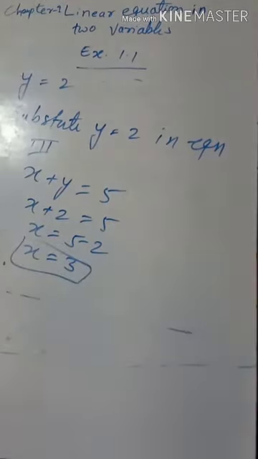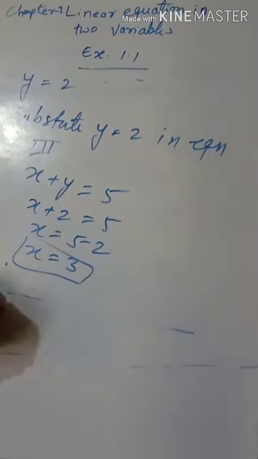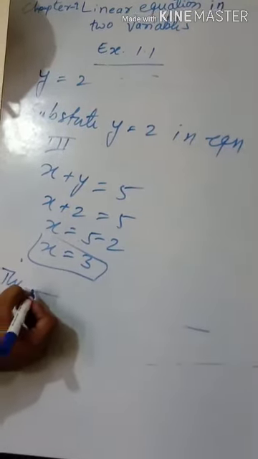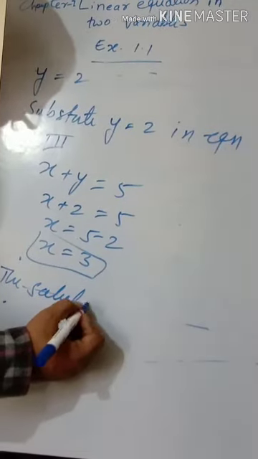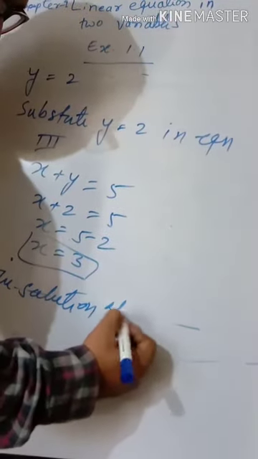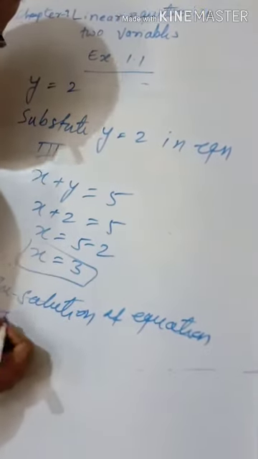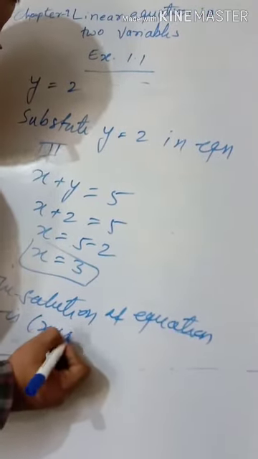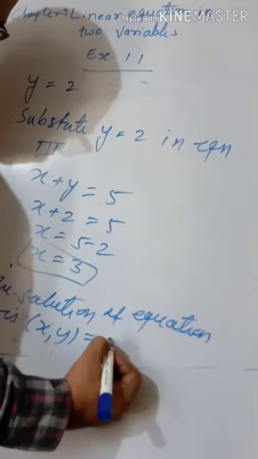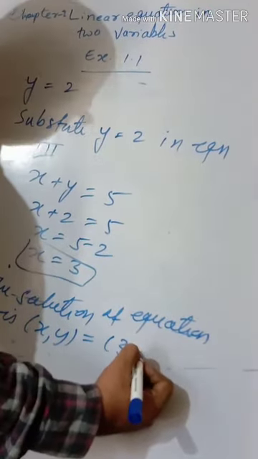The value of x is equal to 3. So the solution of the equation is x comma y is equal to 3 comma 2.